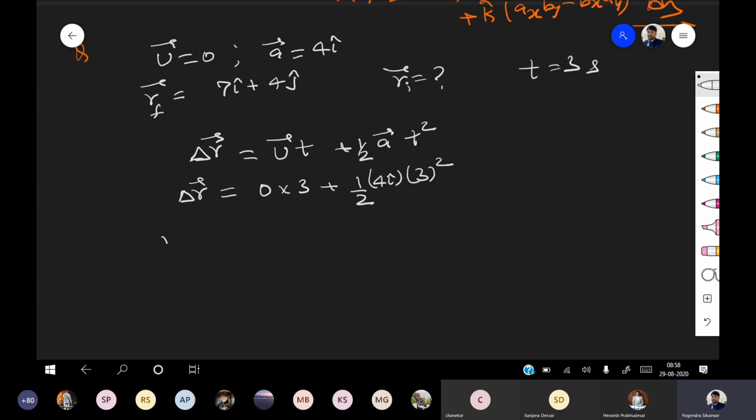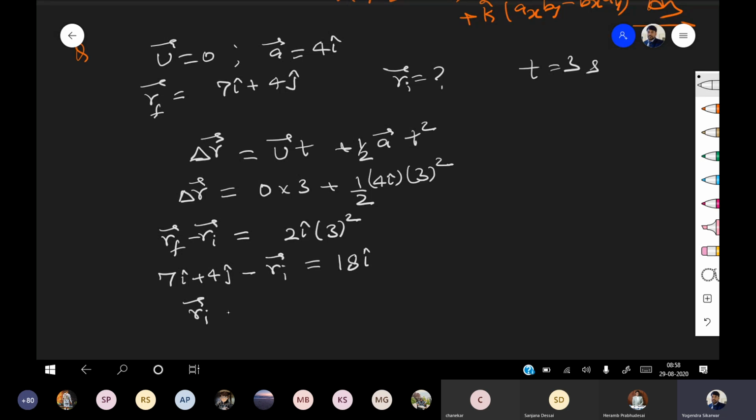Now delta r is nothing but r final minus r initial is equal to half of 4i, that means 2i into 3 square. Okay. So delta r is r final minus r initial. So that means 7i plus 4j minus r initial, we don't know how much is that, is equal to 3 square is 9 into 2 is 18i. So that gives us, let me take ri on that side.